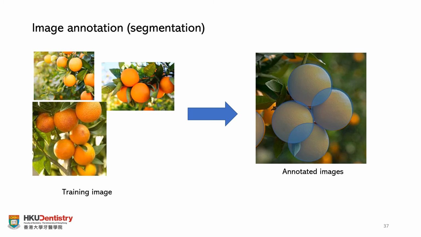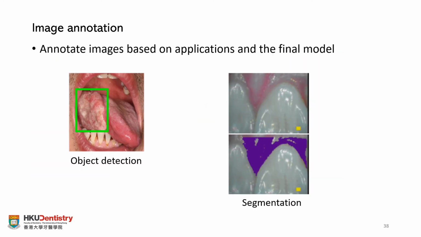But if we want to perform segmentation, if we want to specifically show which pixels belong to an orange, in the annotation phase, we need to be more precise. Just putting a rectangle is not enough, and we need to show which part of the image actually has the orange pixels.